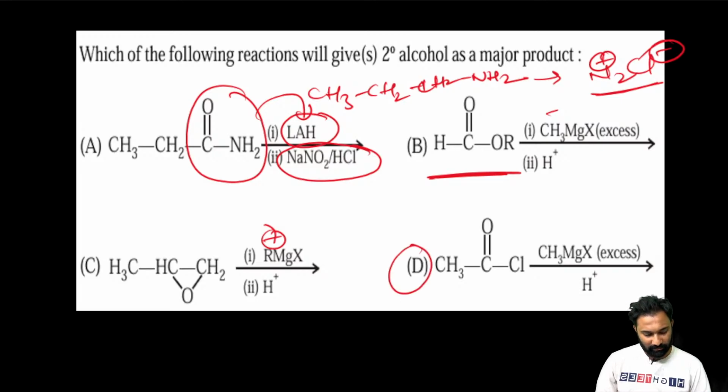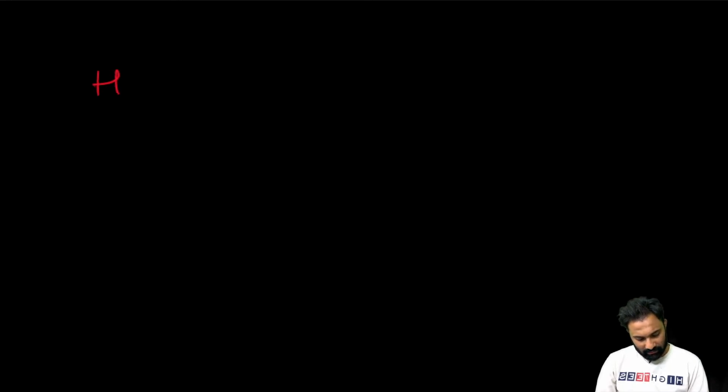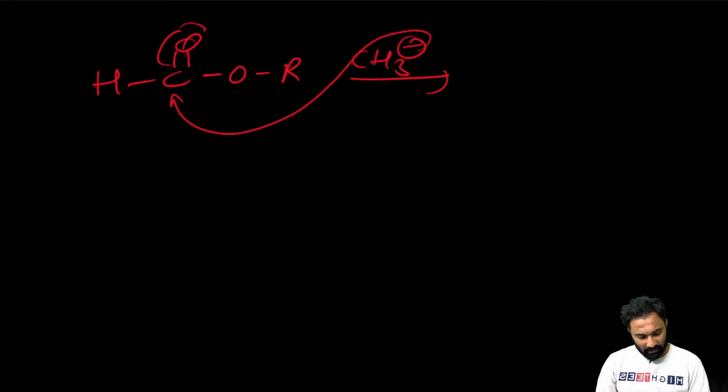Now if you cross check in the C double bond O ester, first CH3 from the Grignard reagent will go and attack the carbonyl carbon, and the electrons will be shifted towards the oxygen, and here the O, the R, and the CH3, right?